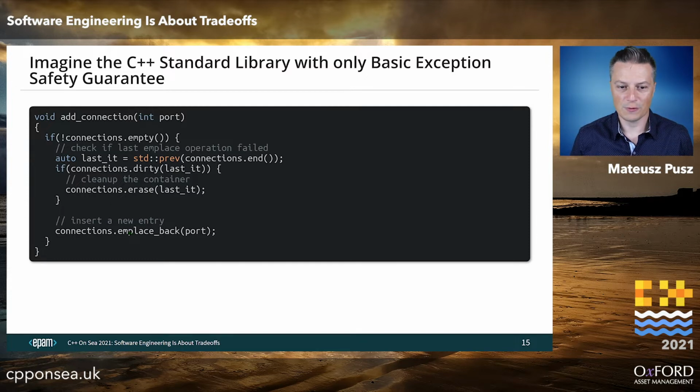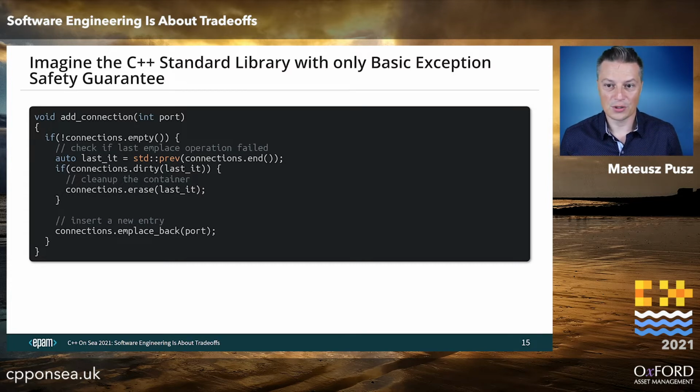It would be really hard for everyone in the world to program like this with such simple things as std::vector or std::string or whatever. Strong exception safety guarantee allows us to write the code much more easily than this. If we didn't think about this before, we could end up with such a solution, and this would be a drawback for many developers around the world.